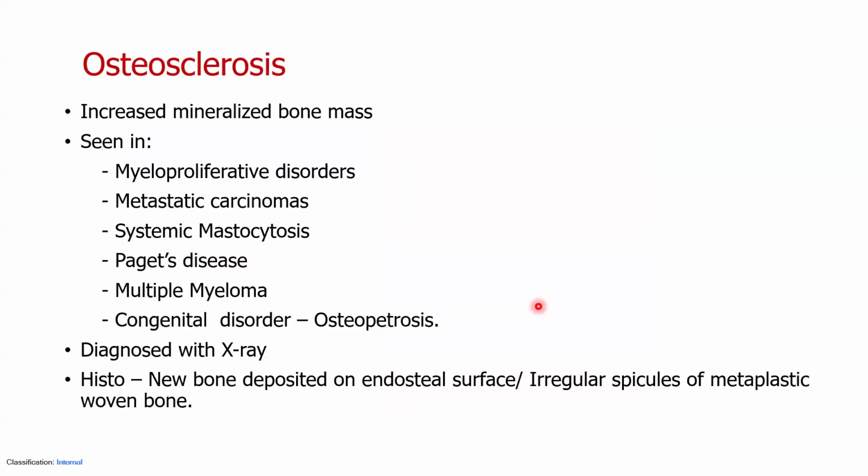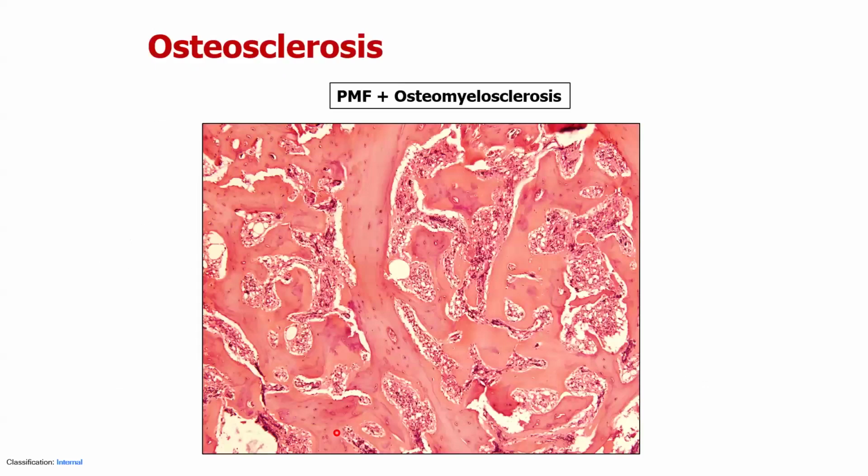Osteosclerosis is another condition where there is increased mineralized bone mass. It is seen in a number of conditions like myeloproliferative disorders, metastatic carcinoma, systemic mastocytosis, Paget's disease, and multiple myeloma. It can be picked up on X-ray, and histologically, there is new bone deposited on the endosteal surface with irregular spicules of metaplastic woven bone.